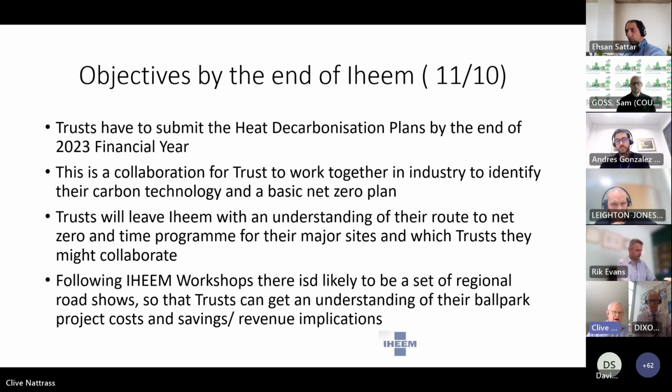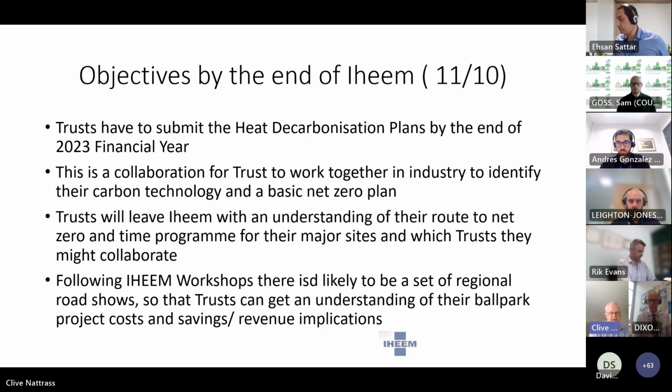By the end of the workshop at IHEM, we're hoping that you will be in a position to decide which net zero technology you should follow. And basically there's hydrogen, geothermal, or district heating, probably with one of the other 2 involved in it. And then for a number of trusts who haven't really got an option of any of those, we are doing technology talks later in the session towards the end of the month to try and give some help to trusts who haven't got an immediate route to net zero.